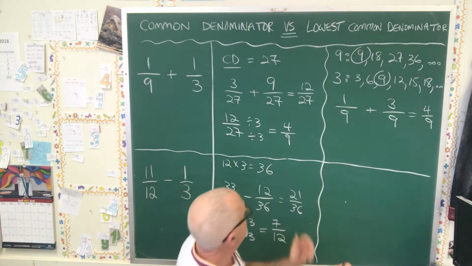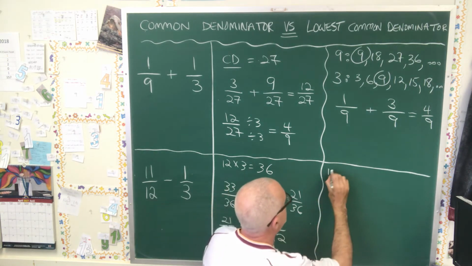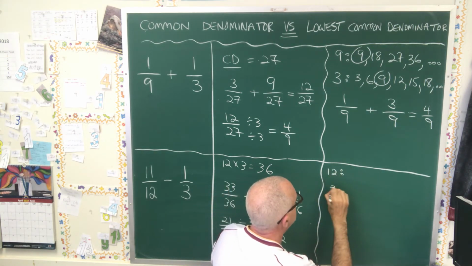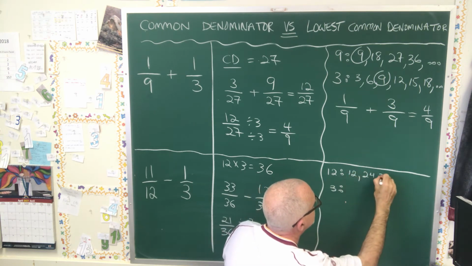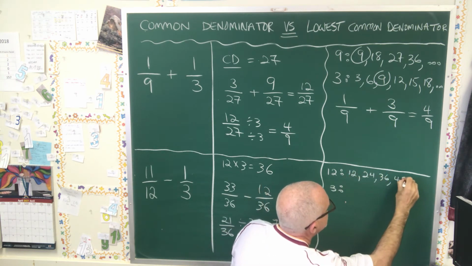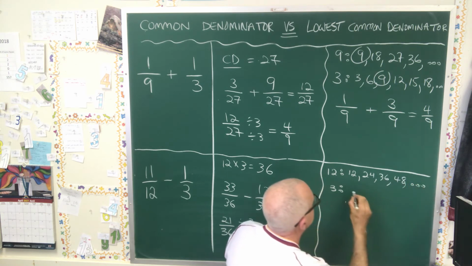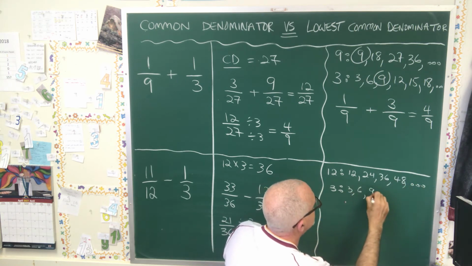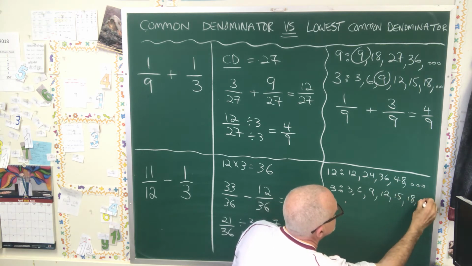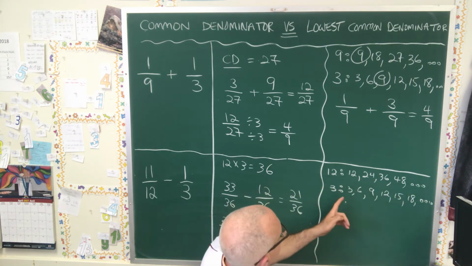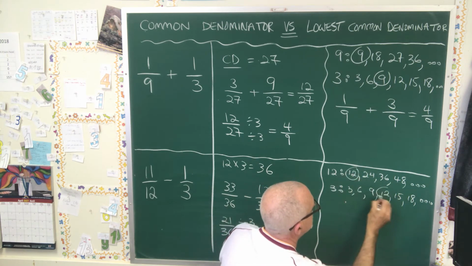What if we use this method? We have 12 and 3, let's find our multiples. 12 has 12, 24, 36, 48, and it goes on. 3 has 3, 6, 9, 12, 15, 18, and it goes on. The lowest number that's on both lists is the 12.